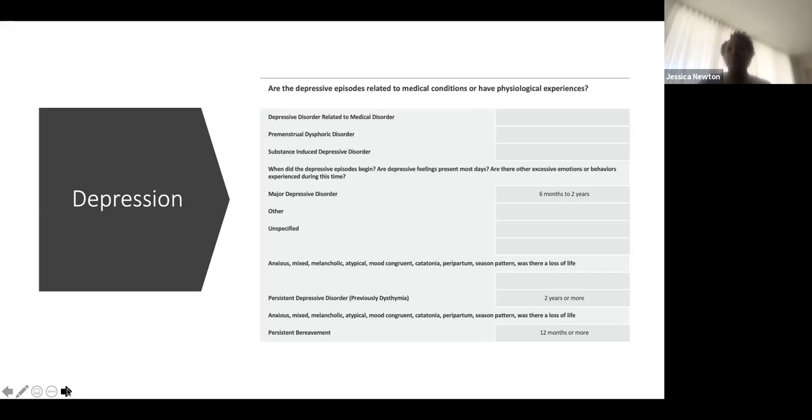Once we obtain the responses to all of these, if we are looking at 6 months to 2 years with depressive episodes only, then we could be looking at a potential diagnosis of major depressive disorder. It could be other depressive disorder or unspecified depressive disorder.